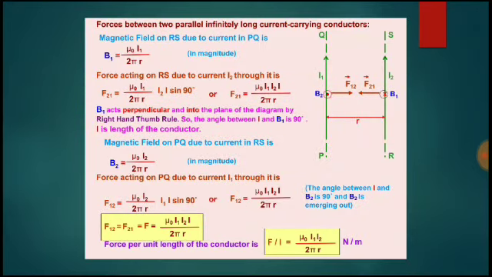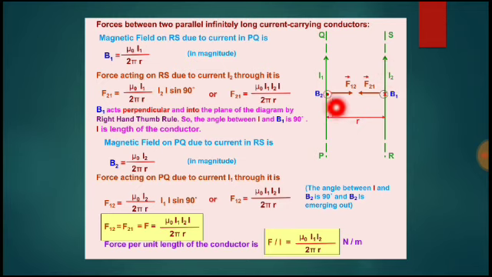The same thing I am repeating with this slide. Please listen. Force between two parallel infinitely long current carrying conductors. This is one conductor and this is the other conductor. This conductor carries current I1 and this conductor carries current I2.